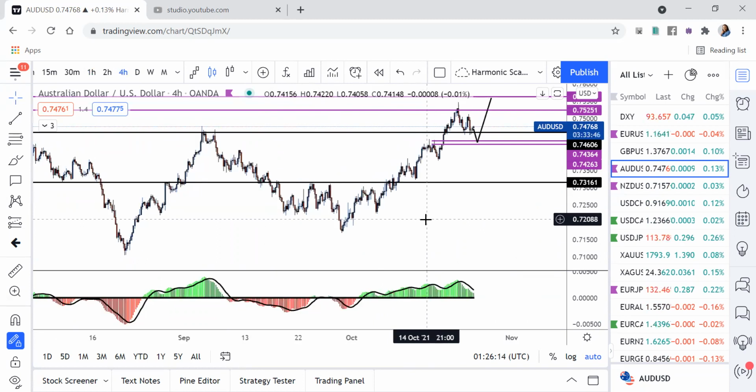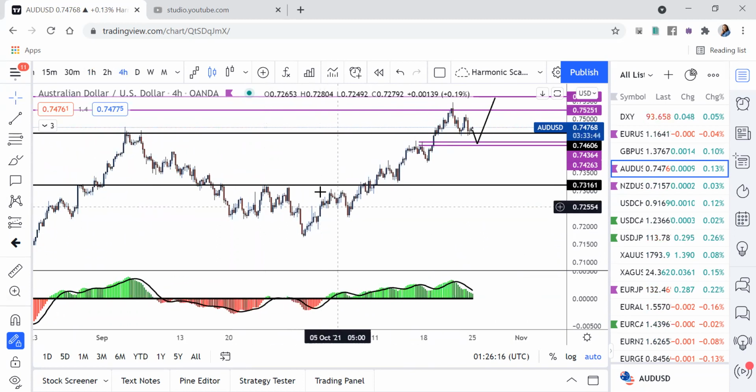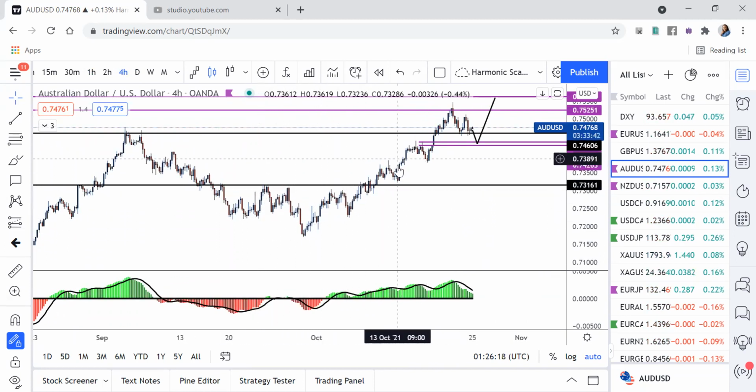Okay, so you can see price broke to the upside, retested, continued up. Price broke here as well, right? So this 4-hour high was taken out.